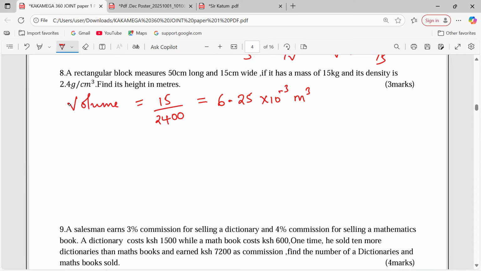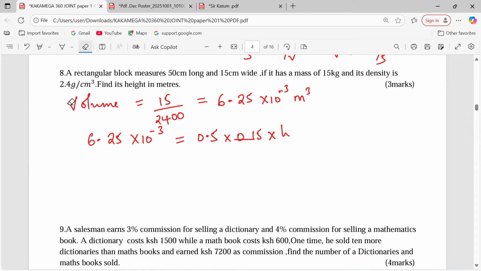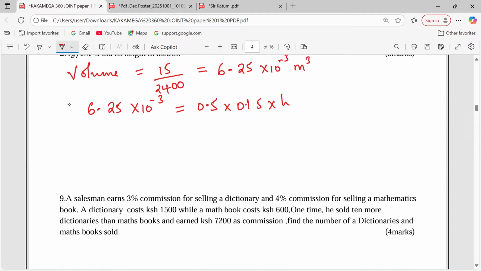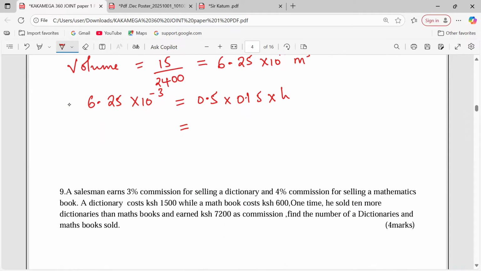Now with the volume, we can say, volume is usually given by length, again converting, times width, times unknown height. Length times width times height. Height is unknown. So to get height, I'm to divide this volume now by length and width.